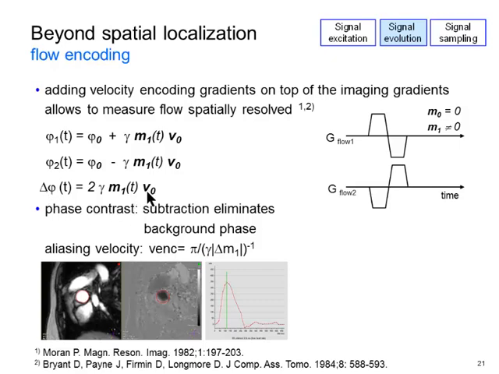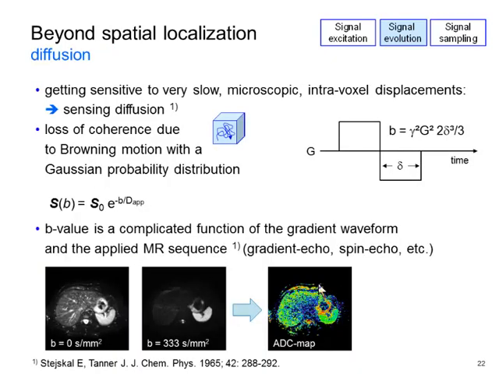This allows us to do flow measurements, because you see that the phase difference nicely corresponds to the flow velocity. You have to meet some constraints. You have to think about your VENC, your maximum flow encoding value, because this is a periodic function. But while doing this, you see immediately that we are able to measure flow quantitatively very nicely. If we increase these bipolar gradients quite substantially, we are able to approach very small dimensions and very slow flow.